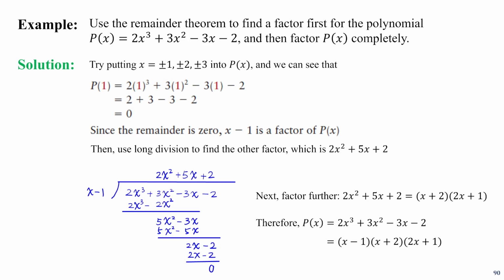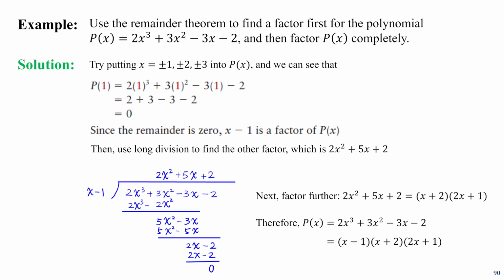In this way, you can test commonly used numbers, for example, plus or negative 1, plus or negative 2, or plus or negative 3. Try putting these numbers into p(x), and we can observe that the number 1 makes the original expression 0.